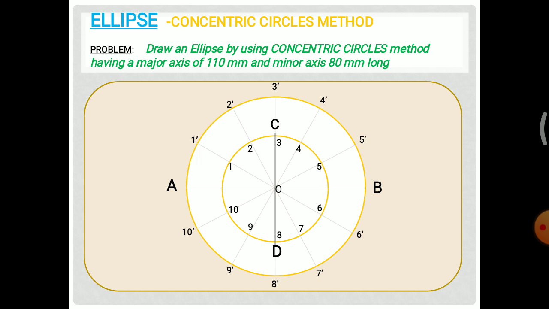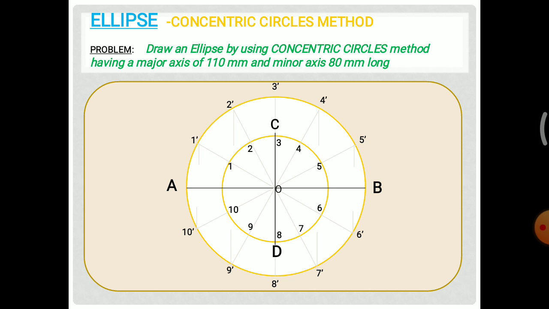From each point you have to draw a vertical line which is parallel to the CD line, that is parallel to the minor axis. We draw the same from the other points also. So we have drawn it from 2 dash, 4 dash, 5 dash, 6 dash, 7 dash, 9 dash and 10 dash.